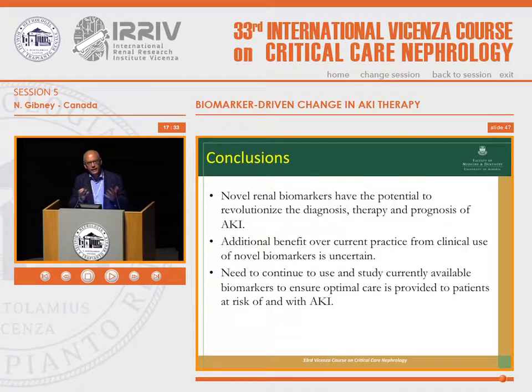I think once they get out in the wild and we start to use them more generally, just like troponin and BNP, their use will become vastly broader and better. However, for the intermediate time, we're going to be left with all of our standard biomarkers, and I think we need to continue to use and study these to ensure that optimal care is provided to patients at risk of and with acute kidney injury.